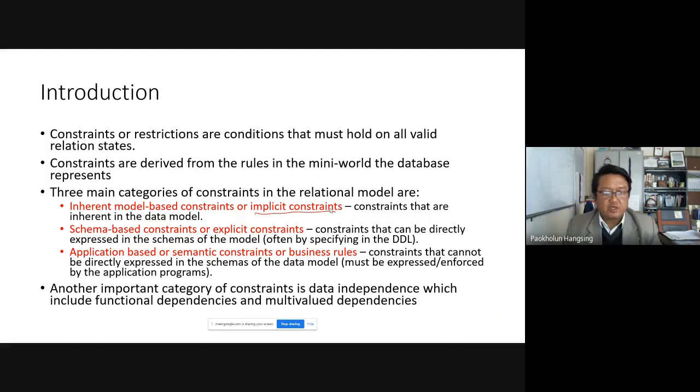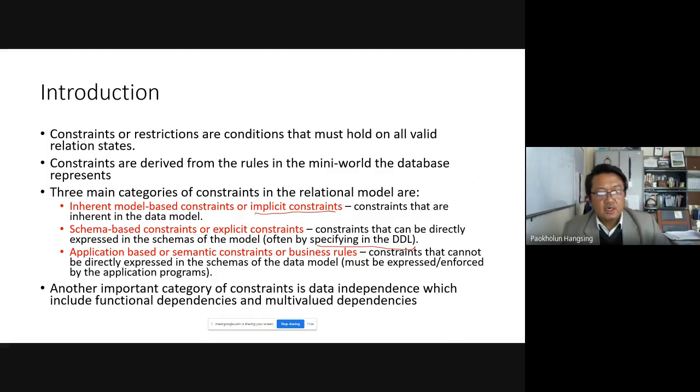Therefore, these constraints can be specified using data definition language. Because if you remember, data definition language is a language that is used to design the database schema. So in the designing language itself, schema-based or explicit constraints can be specified.